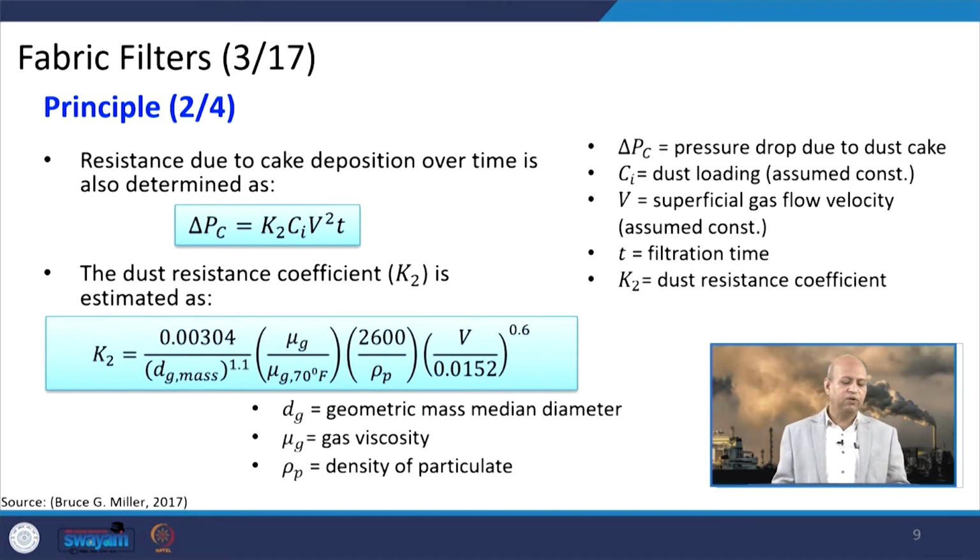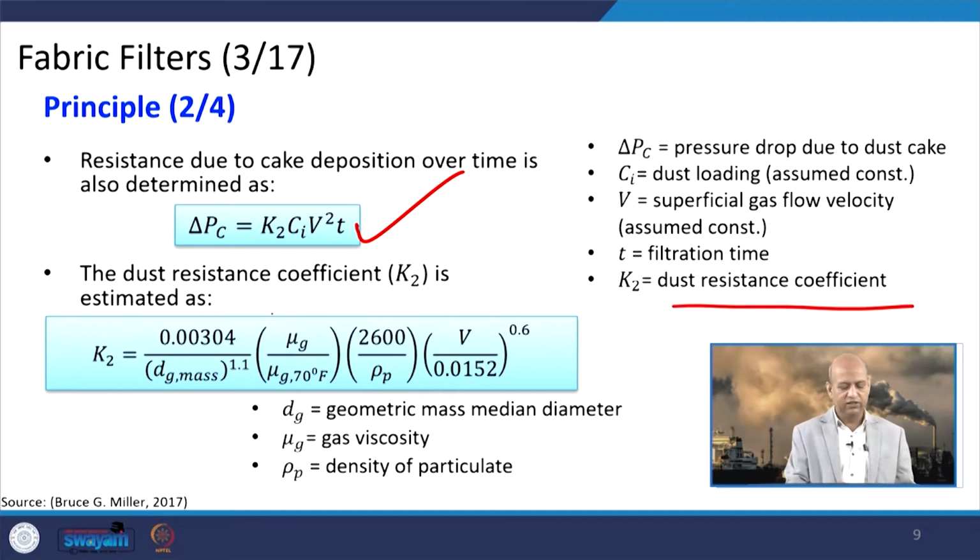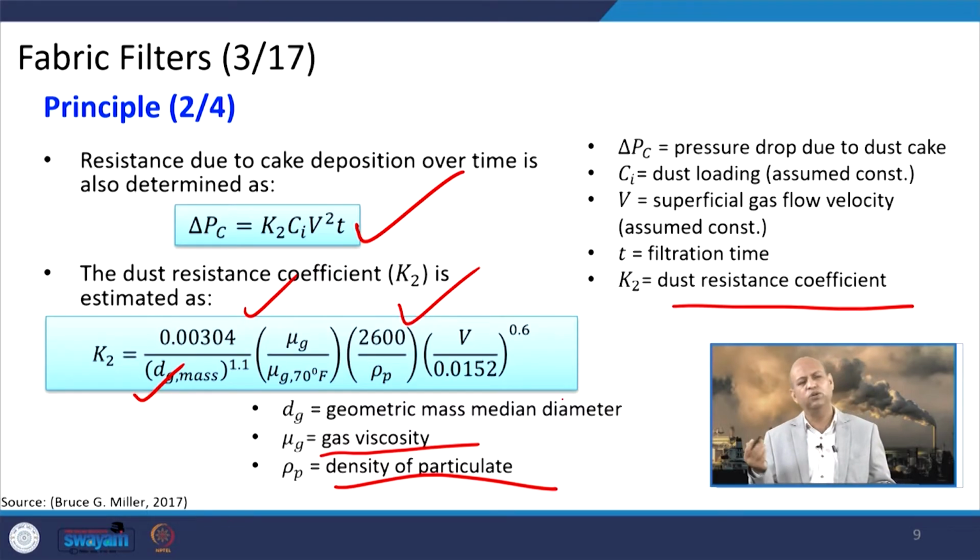Well, when we talk about resistance due to cake deposition, that can be calculated further with this empirical relationship, where K2 is the dust resistance coefficient, which is also calculated by an empirical relationship that has the density of the particulate, gas viscosity, and dg, the geometric mass median diameter, because particles are of different sizes.